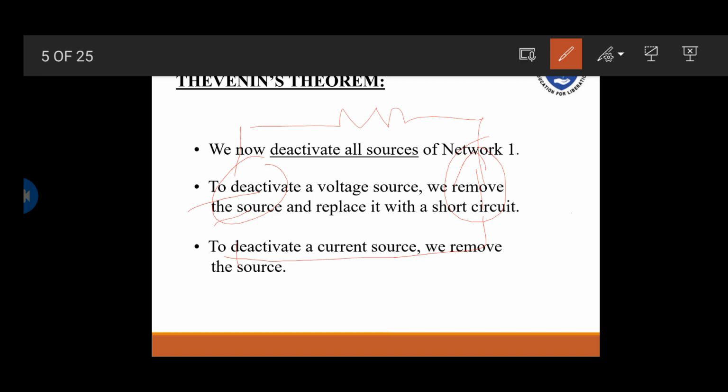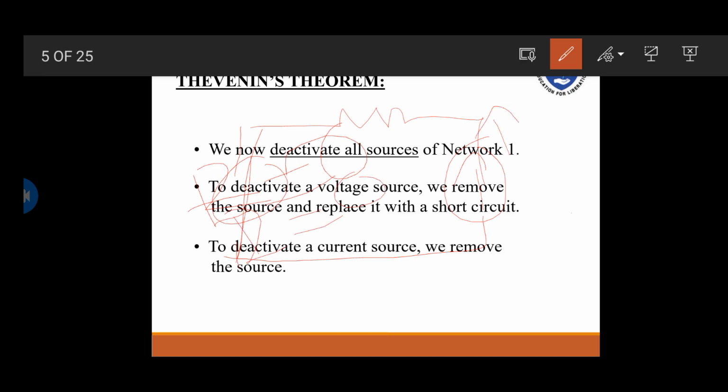Deactivating the voltage source means short circuiting it. Short circuit means just replacing it with a wire, so current is free to flow and the resistance will be 0. What does an open circuit mean?